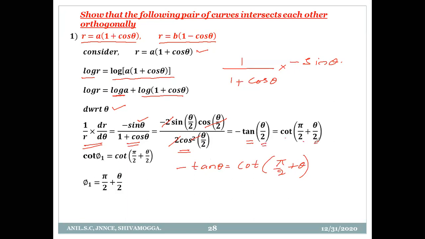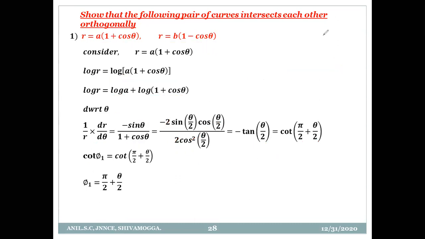Theta is theta by 2. And 1 by r into dr by d theta is denoted by cot phi 1. This is equal to cot pi by 2 plus theta by 2. Therefore, phi 1 is equal to pi by 2 plus theta by 2. This is with respect to the first curve.